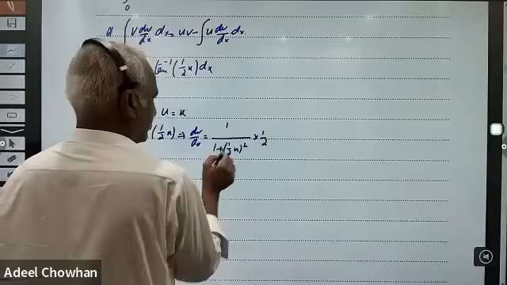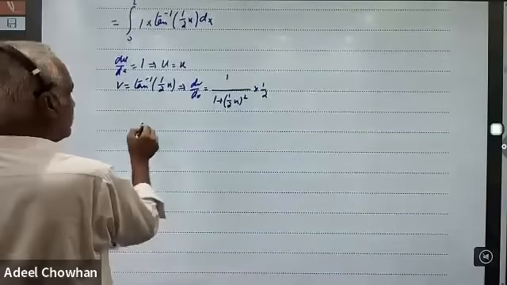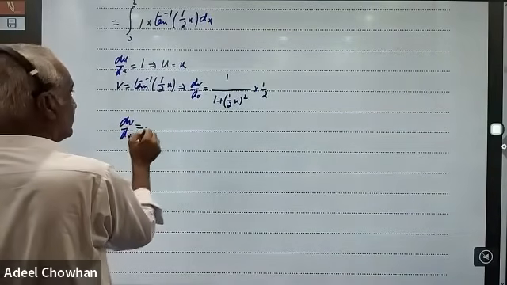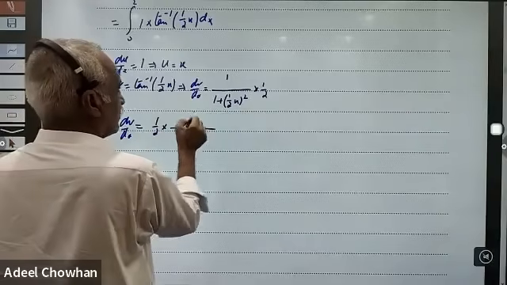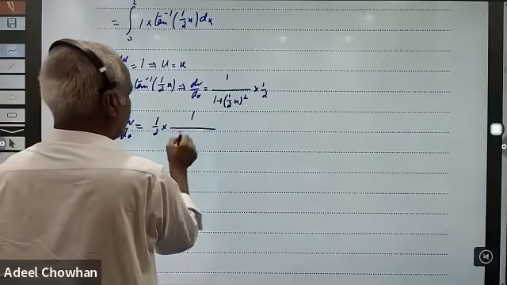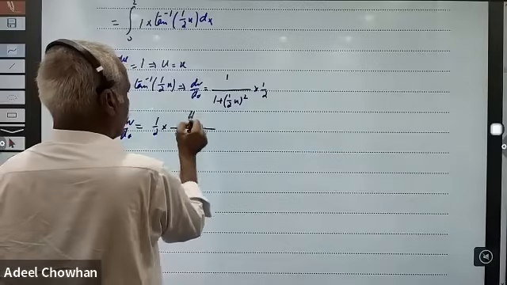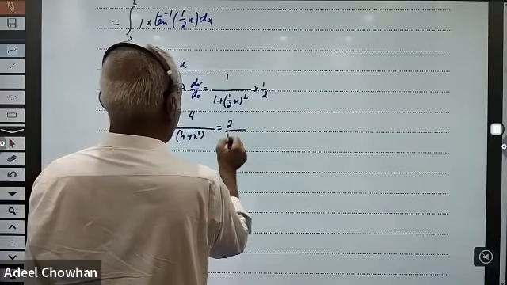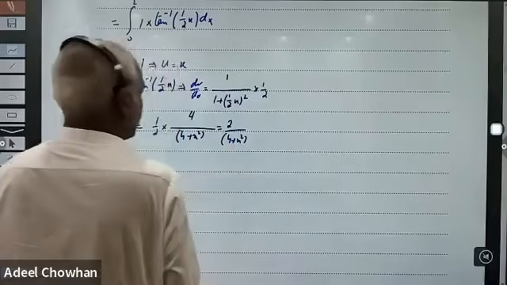So dv over dx is basically equal to half into 1 over 4 plus x square over 4. So that is equal to 2 over 4 plus x square.